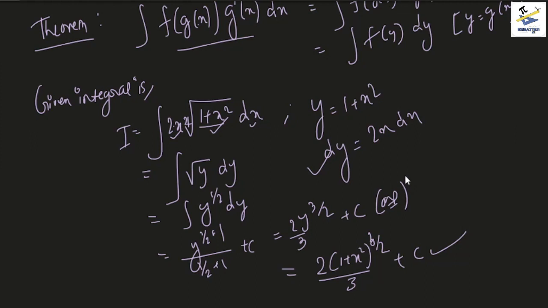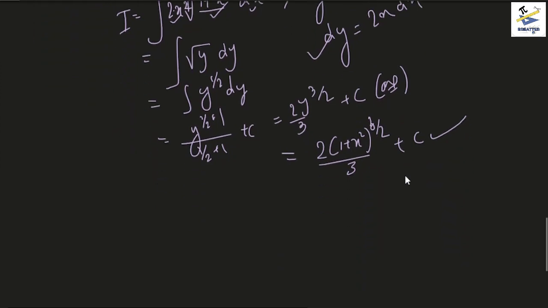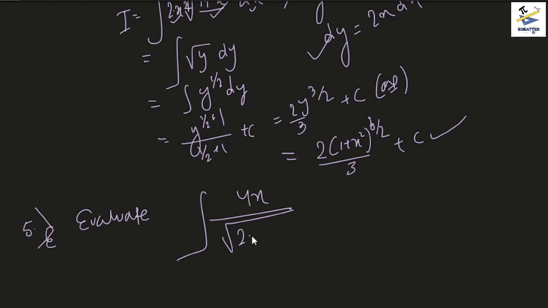So this type of integrals can be solved, but you need to be a bit cautious about them. So let us do another one. Evaluate the integral of 4x by root over 2x square plus 1 dx.